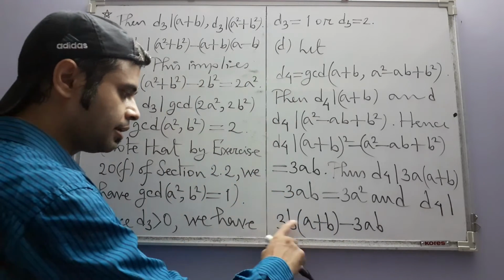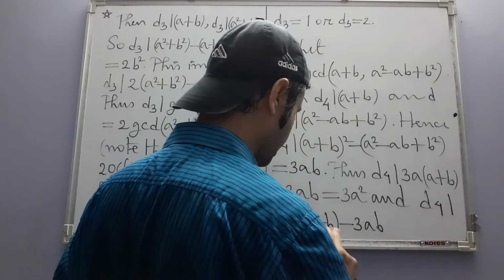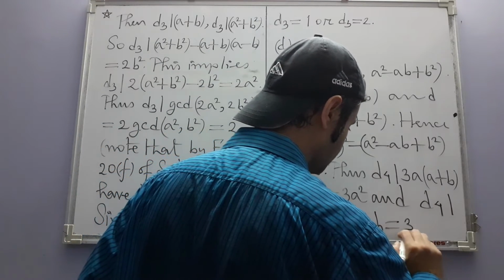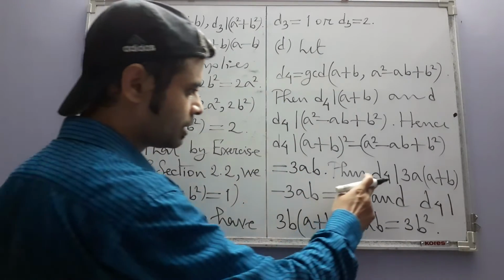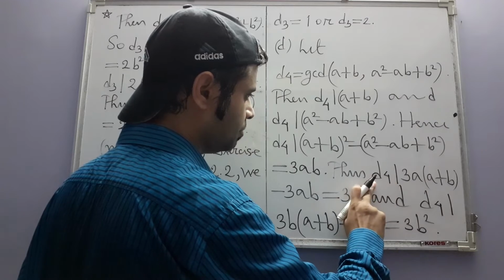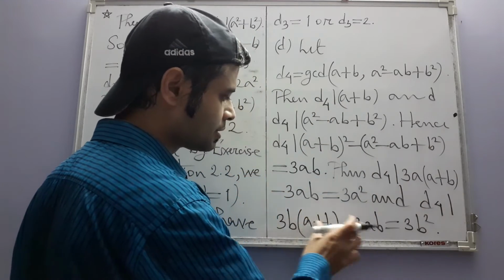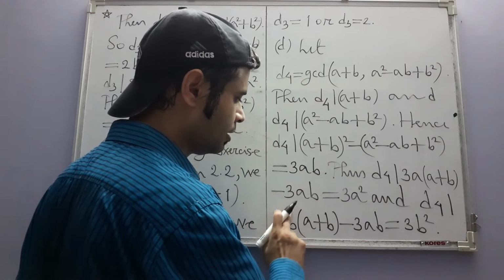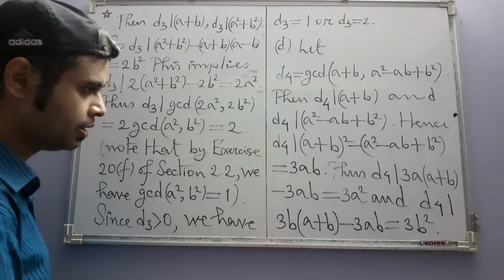Again 3ab cancels out with minus 3ab, but now we are left with 3b squared. And you of course understand where these two things are coming from. We are using this thing, that D4 divides a plus b, so a part of this expression is divisible by D4, and the other part, 3ab, is of course divisible by D4, which we have shown here.